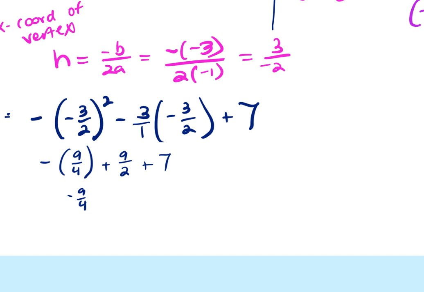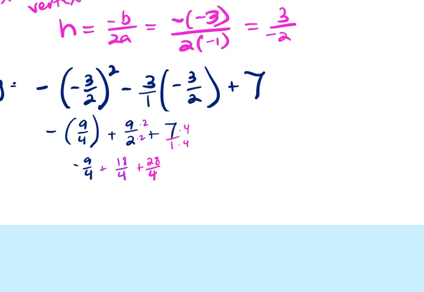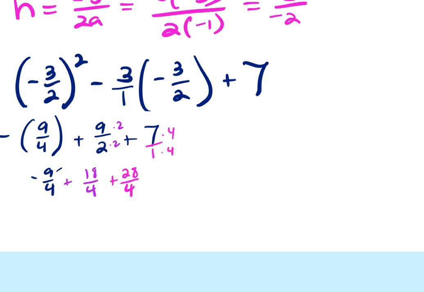I'm going to have to change them so they all have the same denominator. So I'd have to multiply by 2 here and here, I'd get 18/4. And I'd have to multiply by 4 here and here, 28/4. And then I get negative 9 plus 18, which is positive 9, plus 28 is positive 37 over 4.